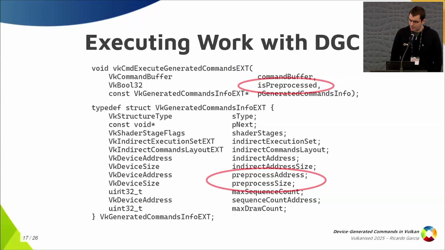And the Boolean value that we pass to the command, execute generated commands, tells us that that preprocessing step may have happened before. So it may be possible to explicitly do that preprocessing instead of letting the driver do that at execution time. So we're going to take a look at that a bit in more detail.